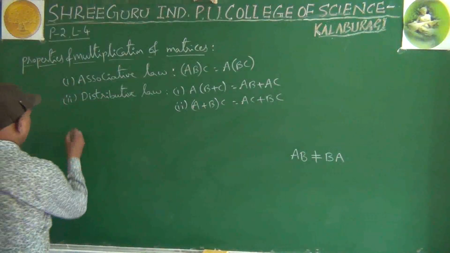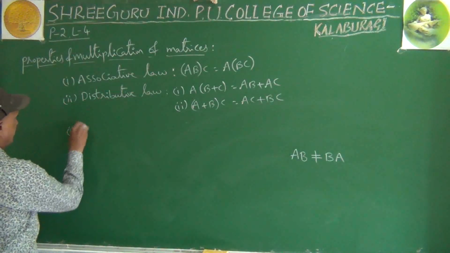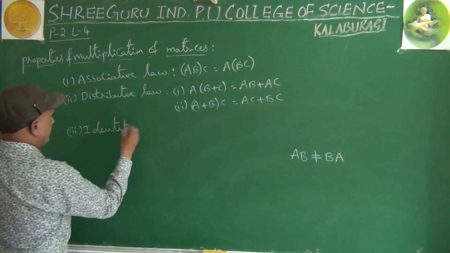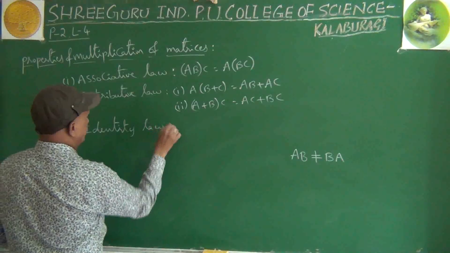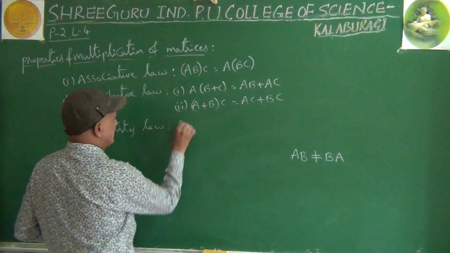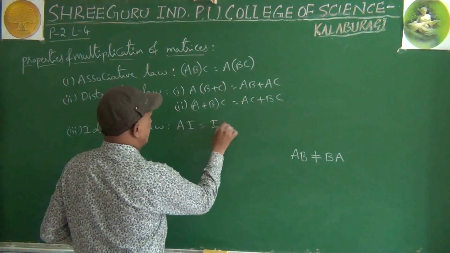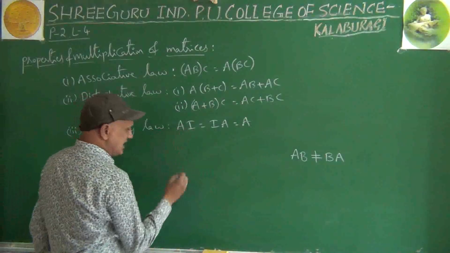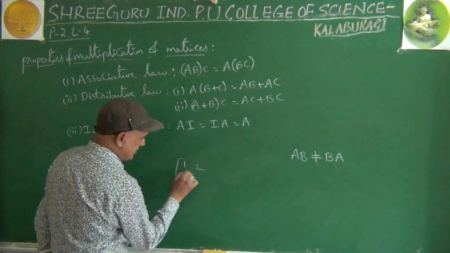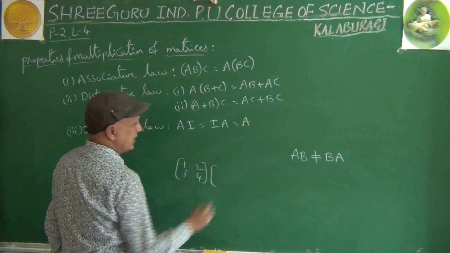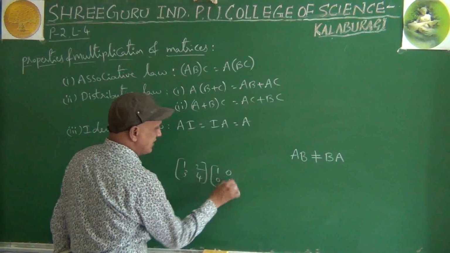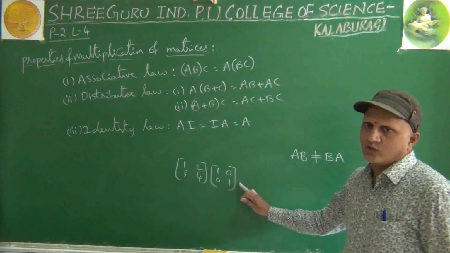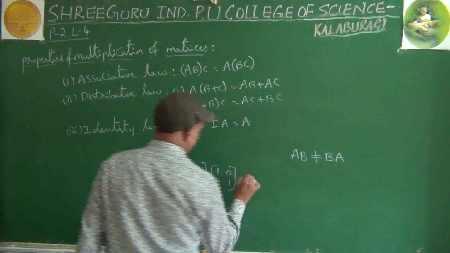Next, the identity law. What does the identity law say? AI equals IA equals A. What does it mean? Capital A is one matrix. Capital I is the identity matrix, with entries 1 0 0 1.